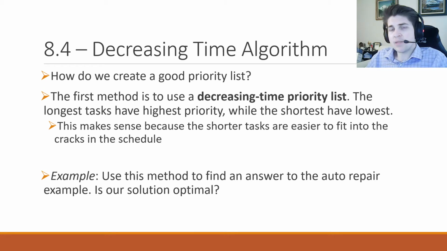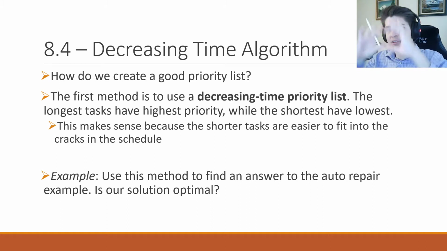So with the decreasing time priority list, we're going to prioritize longest tasks first and shortest tasks last. Basically, we want to get our hardest or most time-intensive tasks done first, and try to fit everything else in after. If we imagine it like in the last few examples, where we were looking at time schedules, we can imagine all the tasks we have as blocks that fit together in order in the time schedule.